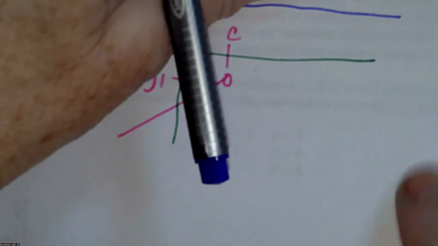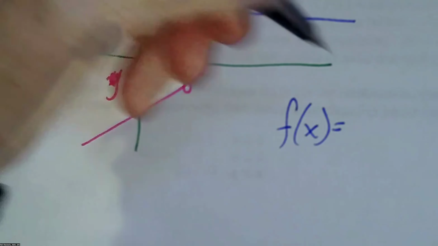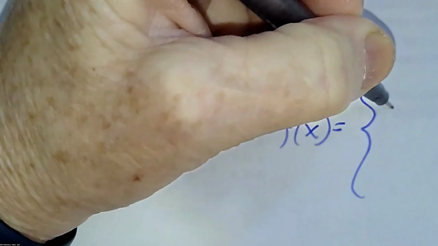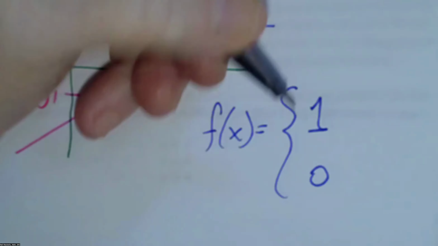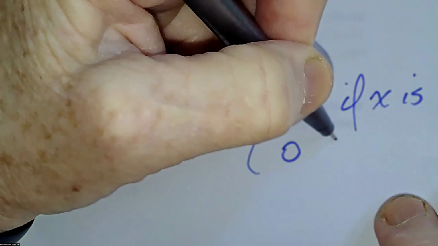The most discontinuous jump discontinuity that exists is this one. F of x equals 1 or 0. It equals 1 if x is rational.